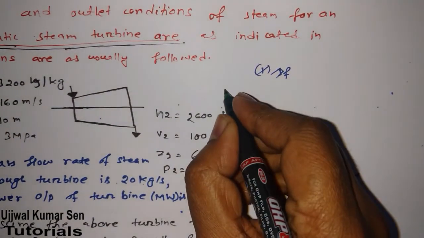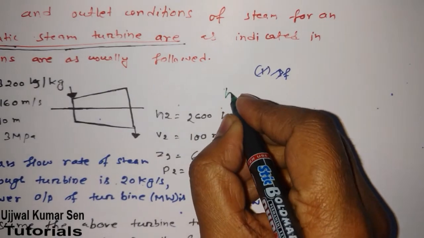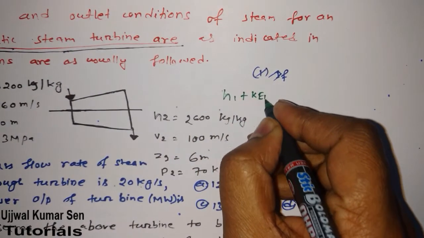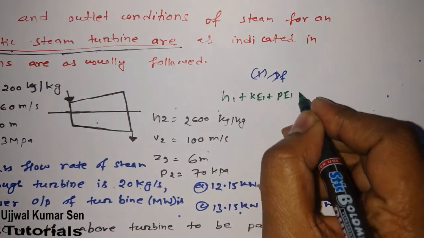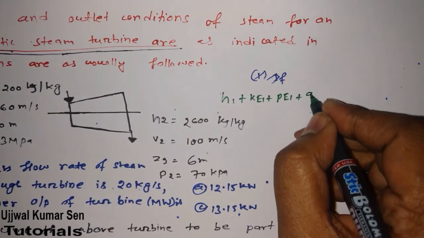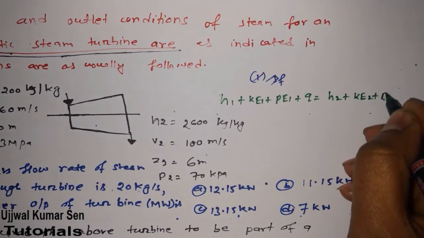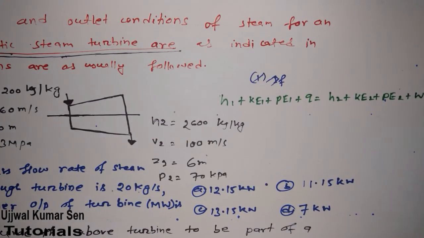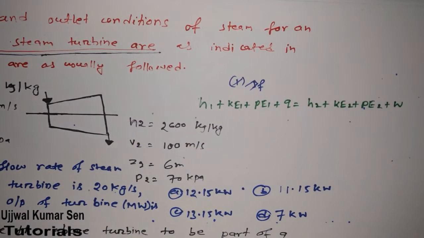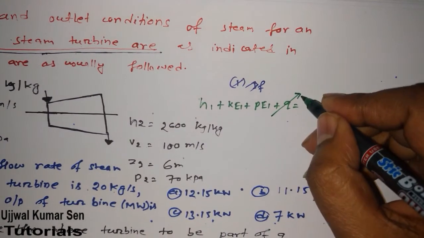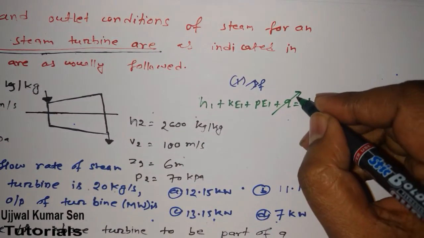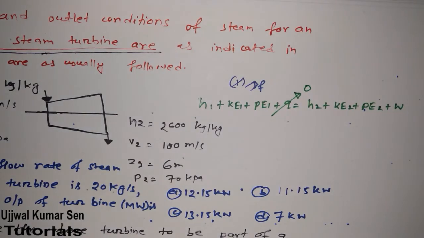So we will write that equation: H1 plus kinetic energy 1 plus potential energy 1 plus Q is equal to H2 plus kinetic energy 2 plus potential energy 2 plus W. Now we know this is an adiabatic steam turbine, that's why Q is equal to 0.